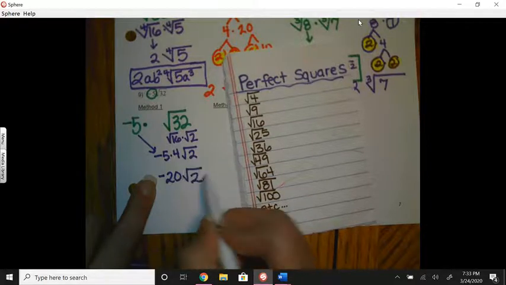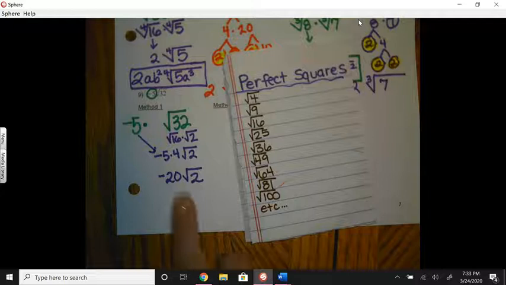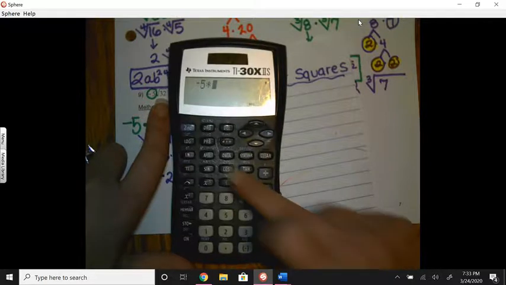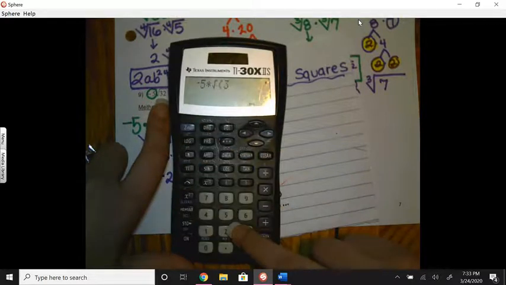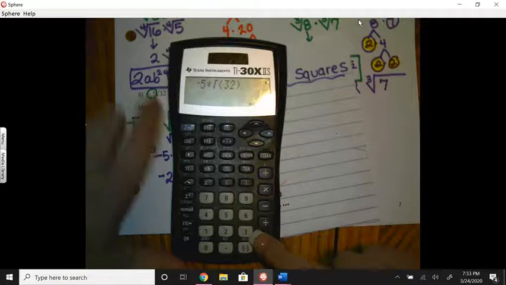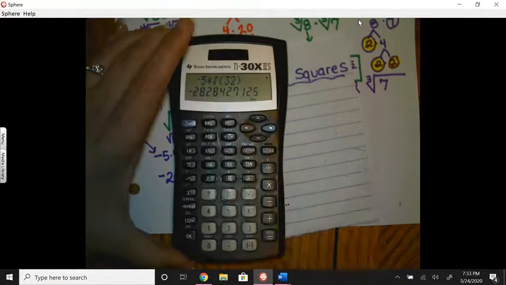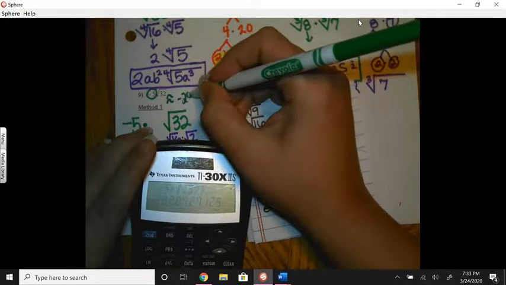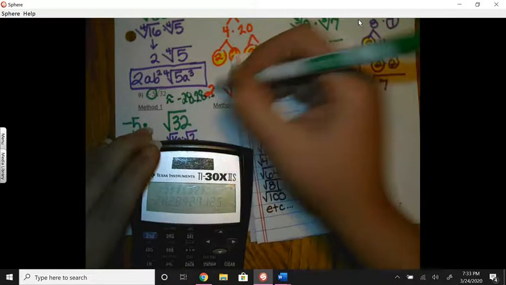Now remember, if ever you want to check your answers, you could go back to the original problem, which was negative 5 times the square root of 32, and then jot down what the decimal answer is. It's about negative 28.28. And then take your answer.